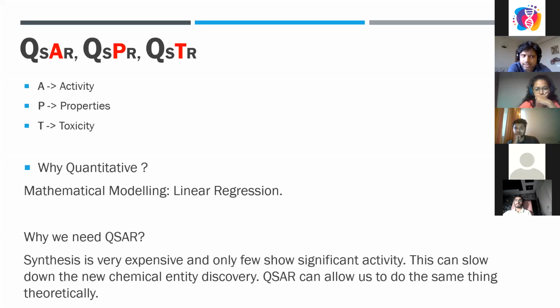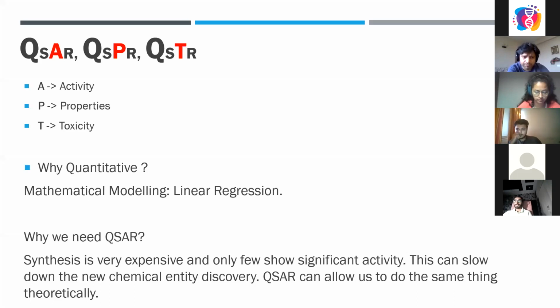So when we talk about activity, we cannot just say the activity is bad or good. We give some numbers. If we are dealing with IC50, we say the IC50 of the molecule would be 3 nanomolar or 30 nanomolar. Definitely 3 nanomolar would be better than 30 nanomolar.